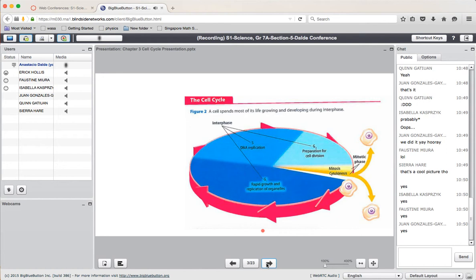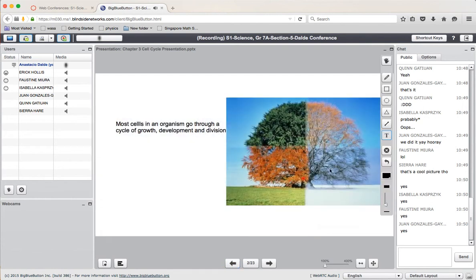The cell cycle happens as this reoccurring cycle. And the thing that confused me with the cell cycle is I was thinking that the cell goes through the same cycle every time, like in this picture over here, where we could have the same tree going through the different stages and then repeating itself, right?